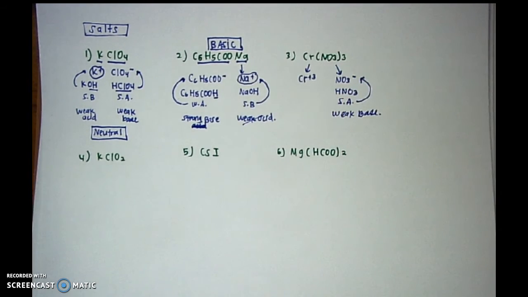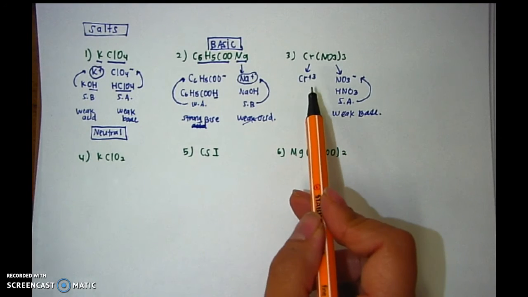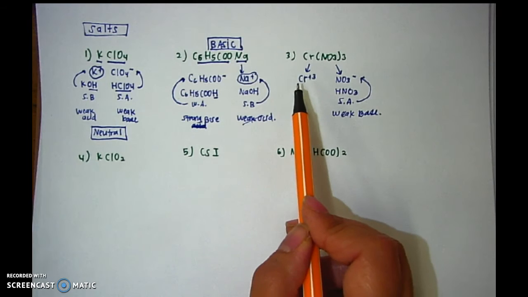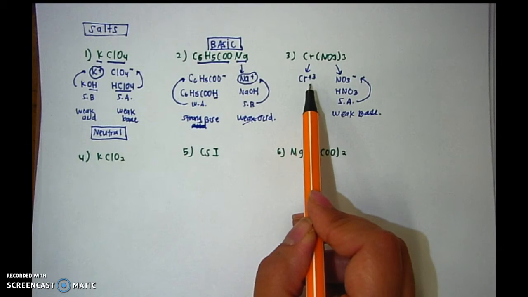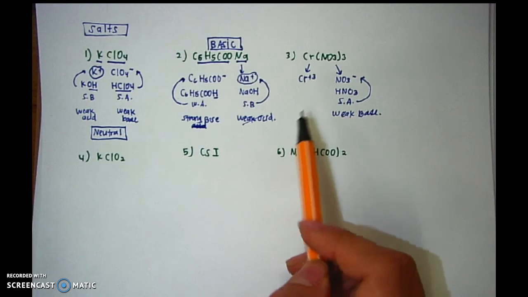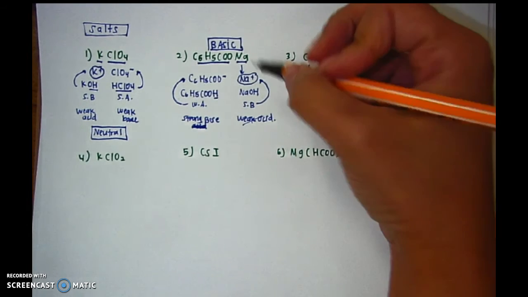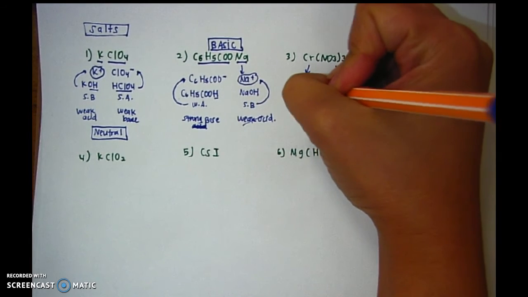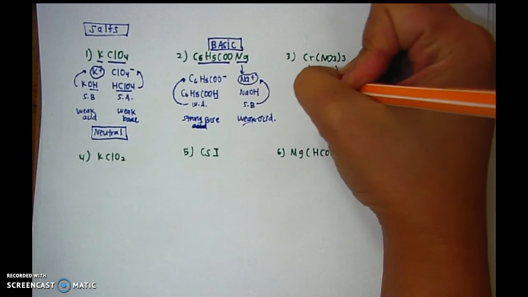And then my chromium with the +3 charge. This one we actually didn't talk about in class, but the metals could actually form complexes with the H2O, and I'm not going to actually write it down, but it would look something like this with the +3 charge.